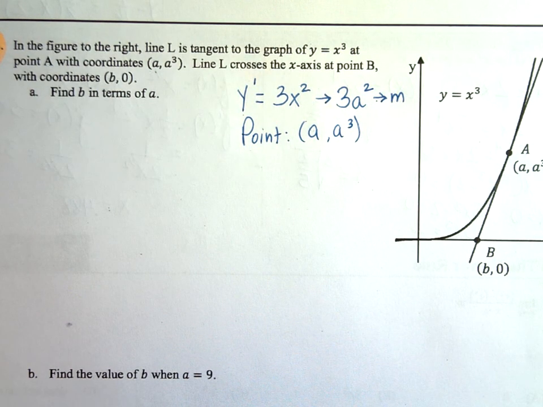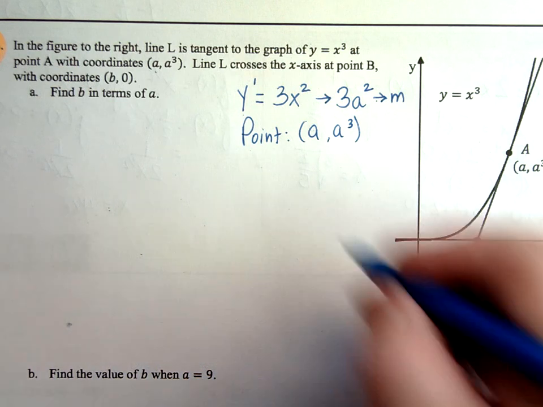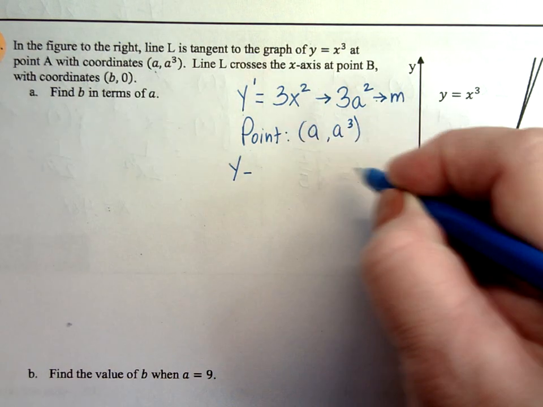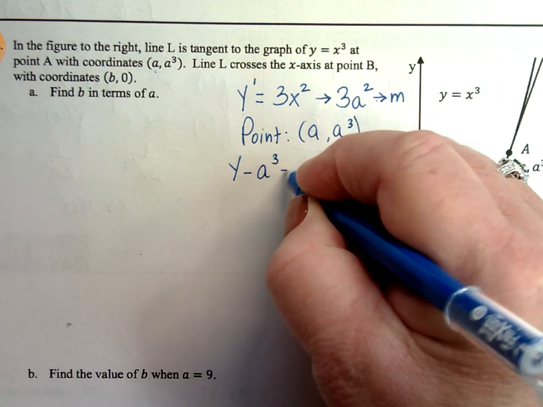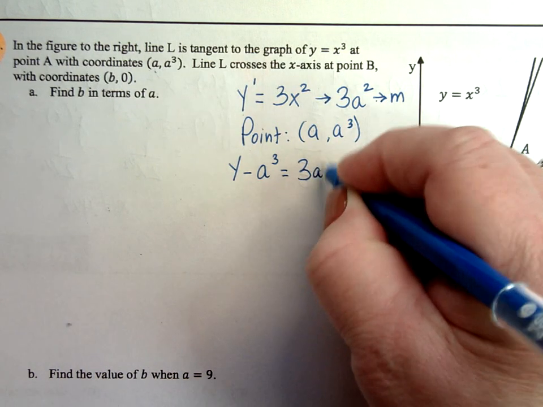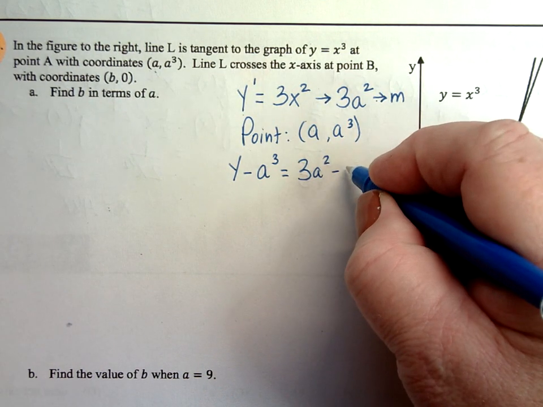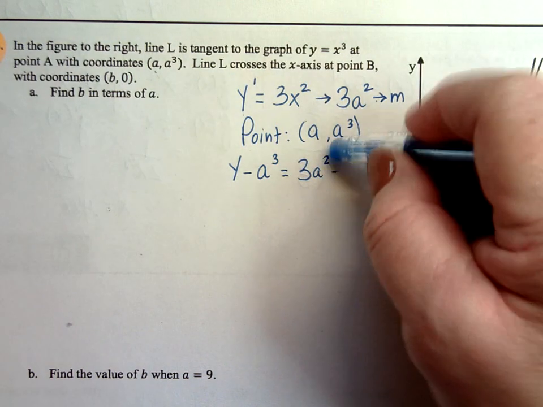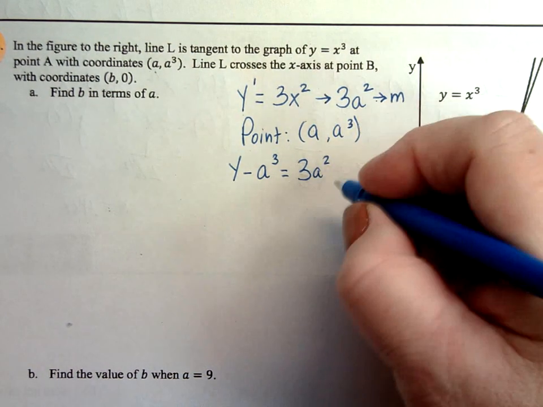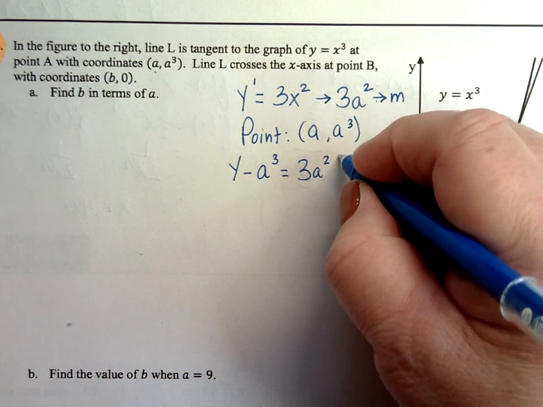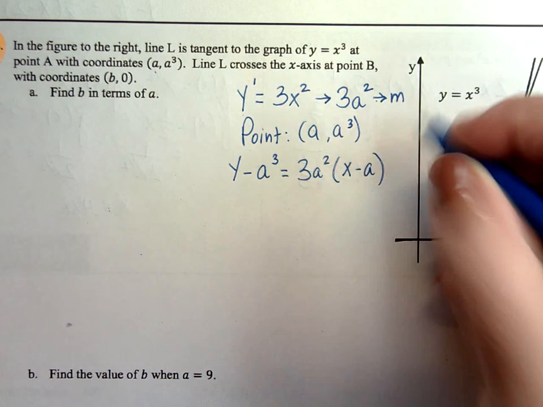All right, so we have the ability to put that together into a point slope formula. Here's what it looks like. y minus y1, a cubed, equals m, 3a squared, times x minus x1, where's my x? y minus a cubed equals 3a squared times x minus a.